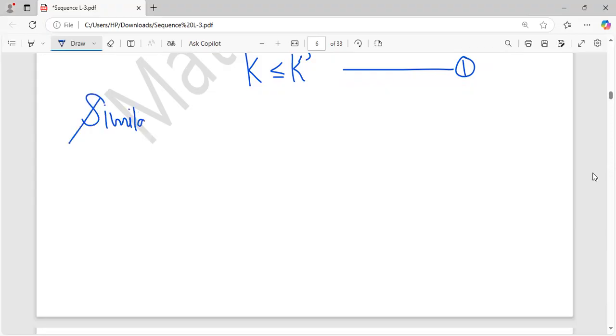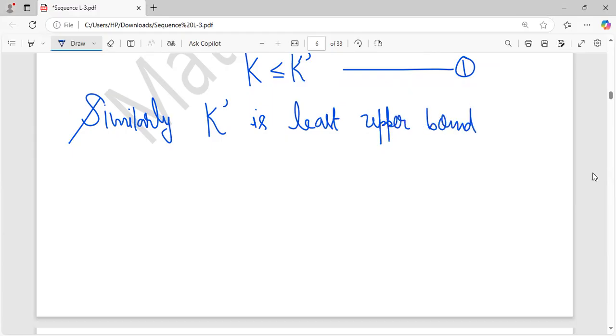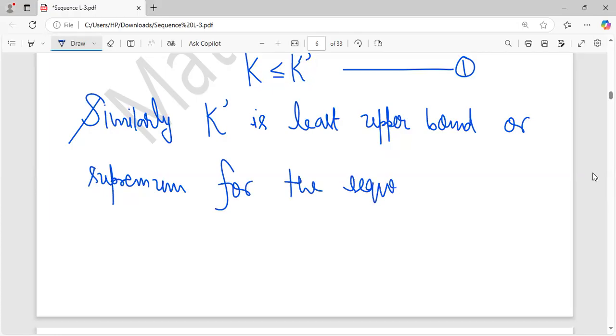Similarly, K dash is the least upper bound, or supremum, for the sequence a_n.